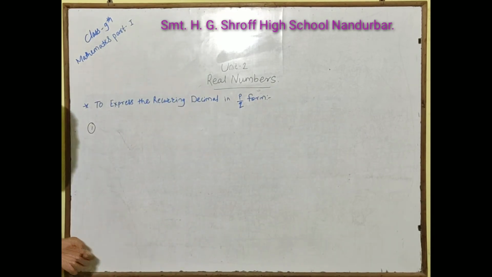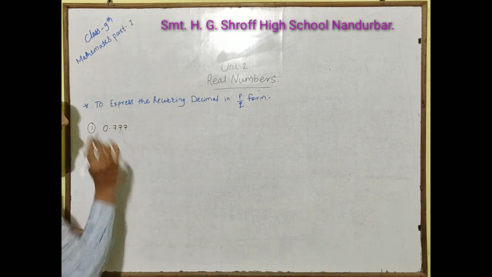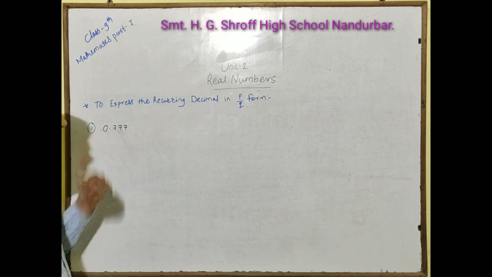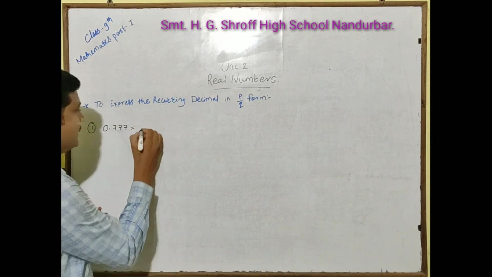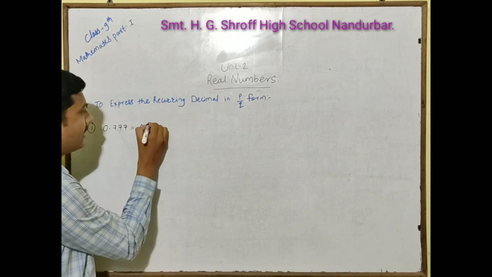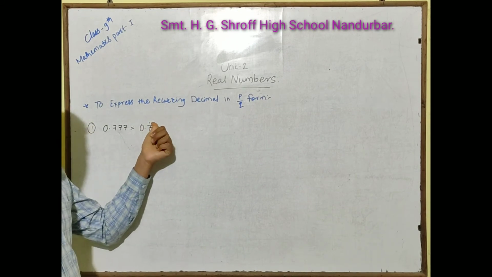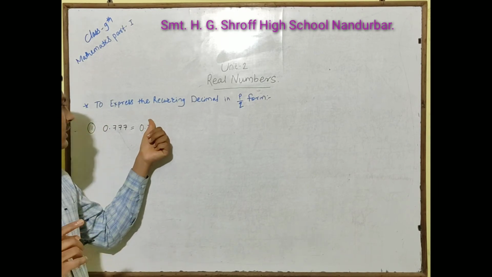First, we will see this with an example: 0.777, in which the same number is recurring again and again, that is, 7 is recurring again and again. We can write 0.7 with a dot at the end. If a single digit is repeating again and again, we give a dot.